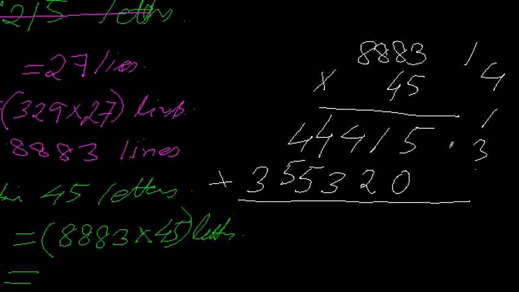And then we add these two rows, that is 5. 1 plus 2 is 3. 4 plus 3 is 7. 4 plus 5 is 9. 4 plus 5 is 9 and 3.